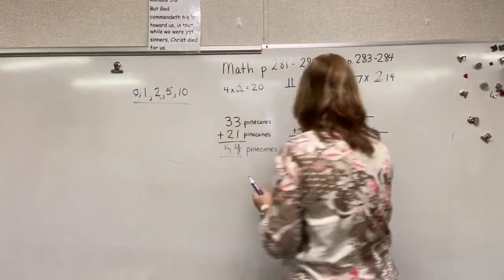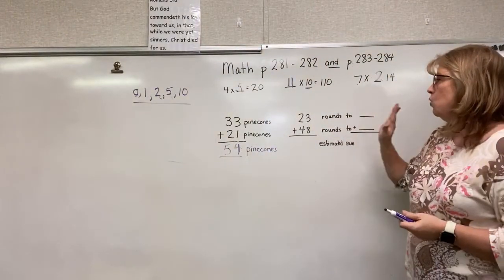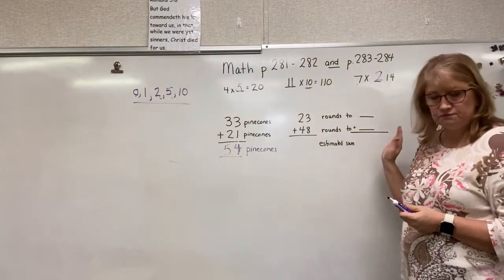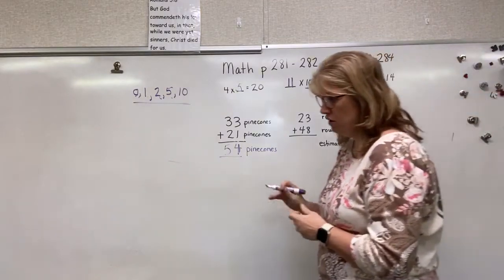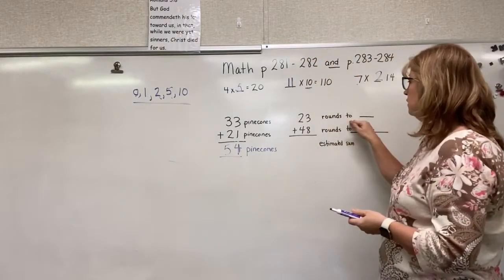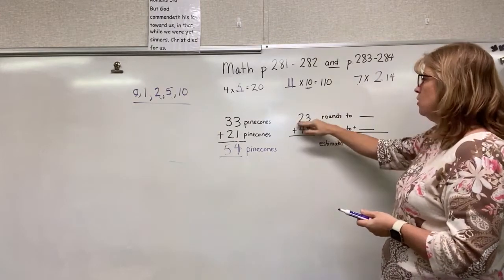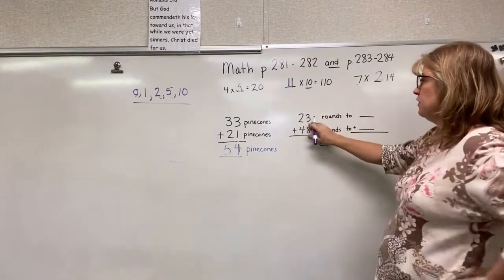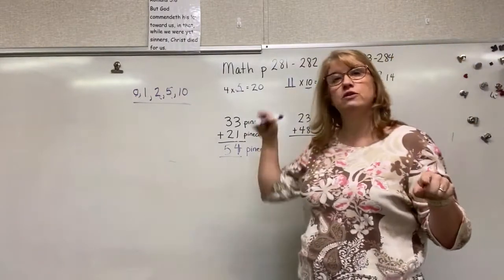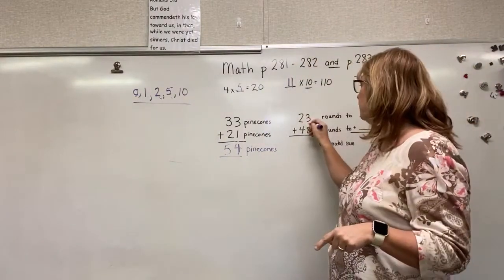All right, back to rounding. Now, we are trying to round numbers, and then we're going to add them to get an estimated sum. 23. Is 23 closer to 20, or is it closer to 30? We look at the 3.